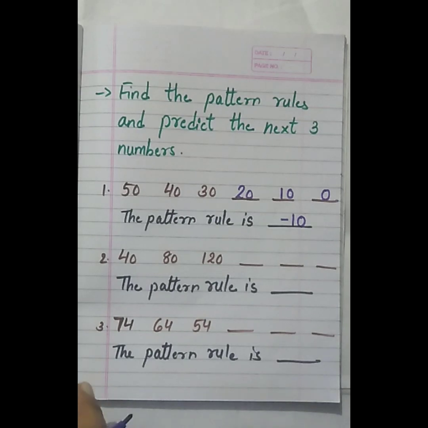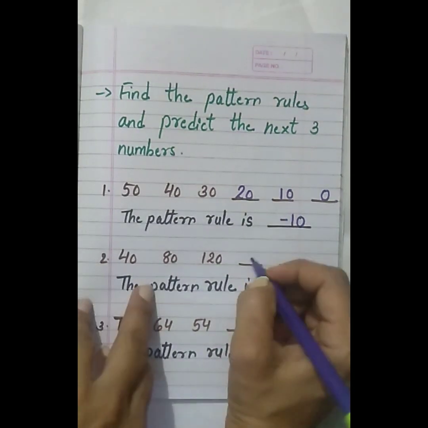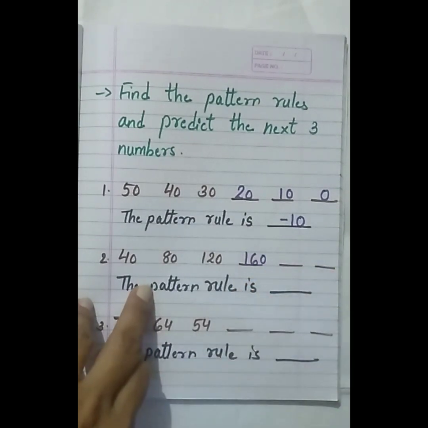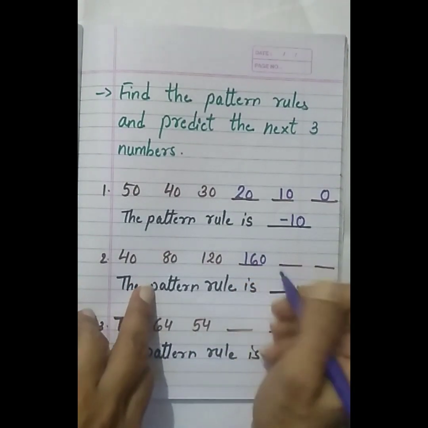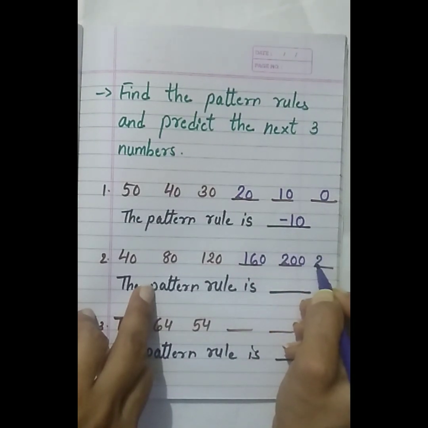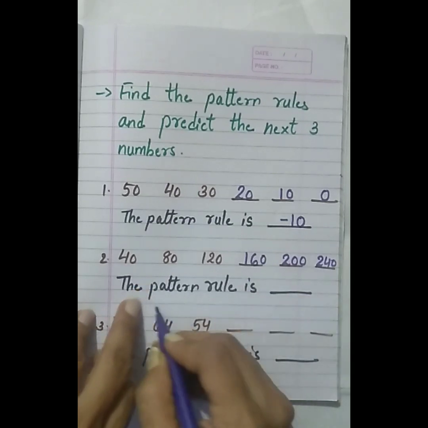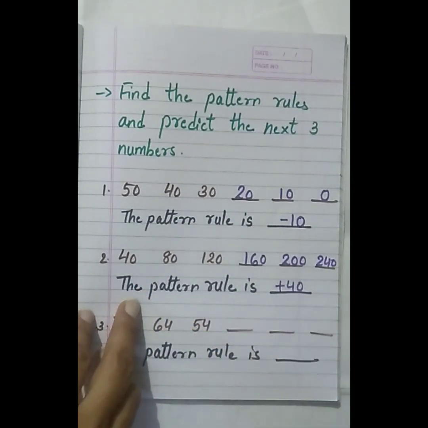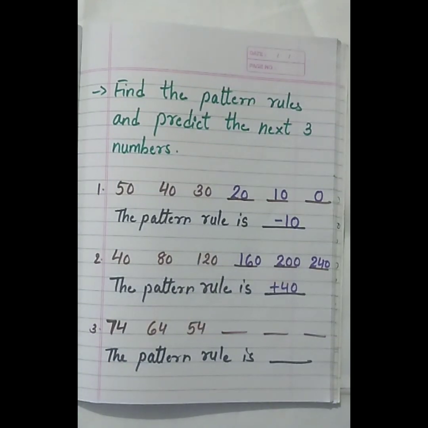So 120, 130, 140, 150, 160. So our answer will be 160. Then again a 40 jump, we will get 200, and then at last 240. So the pattern rule is plus 40. Every time we took a jump of 40.